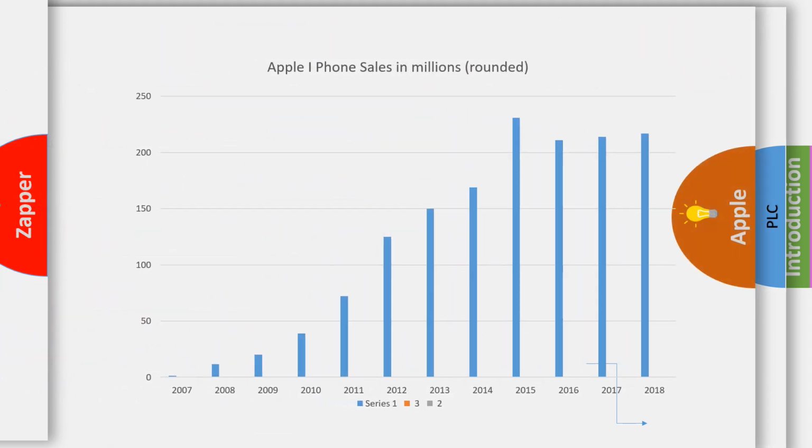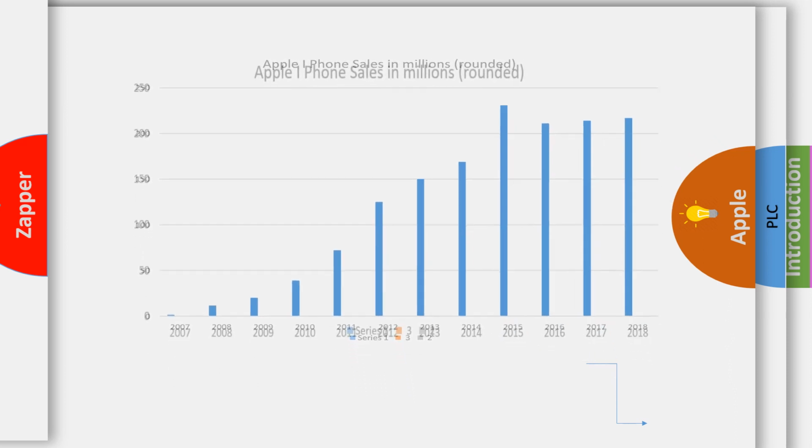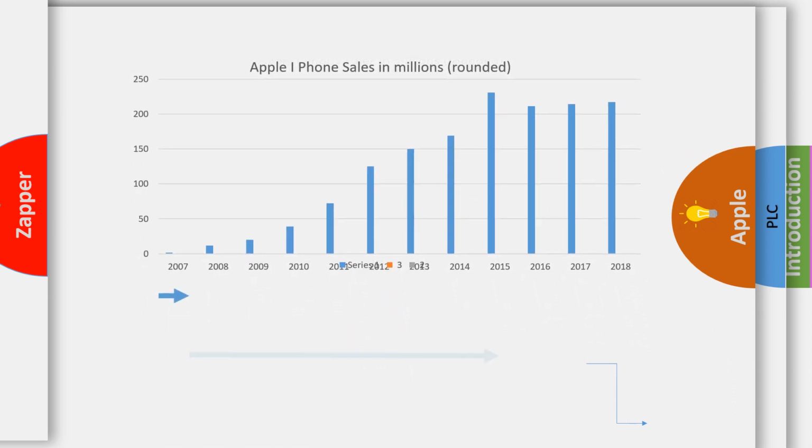As another example, if we look at Apple, we can see that the iPhone was launched in 2007, and now we're going to apply this to the product life cycle. So in 2007, that was the introduction stage to the marketplace, and then from 2008 all the way to 2015, you've had a steady growth.